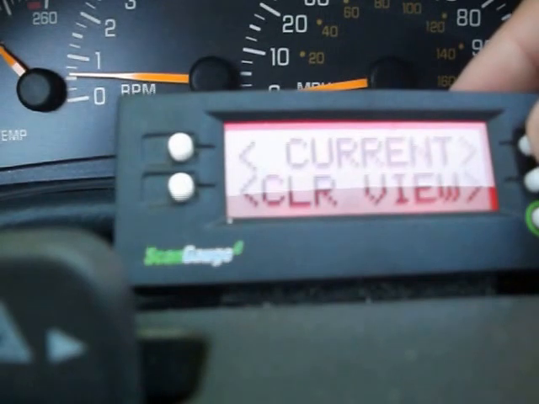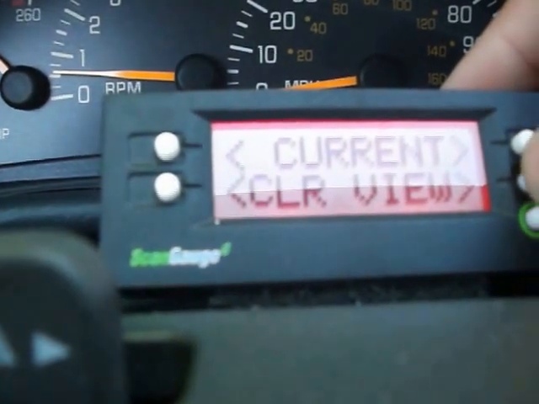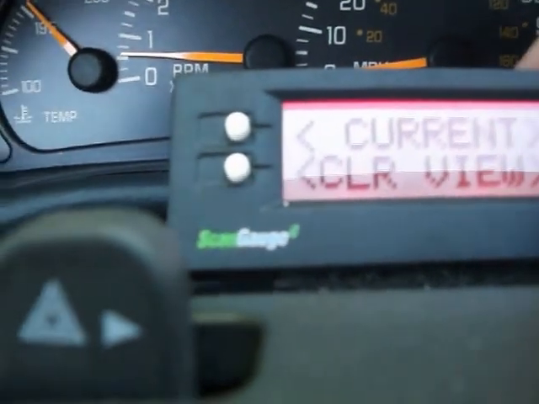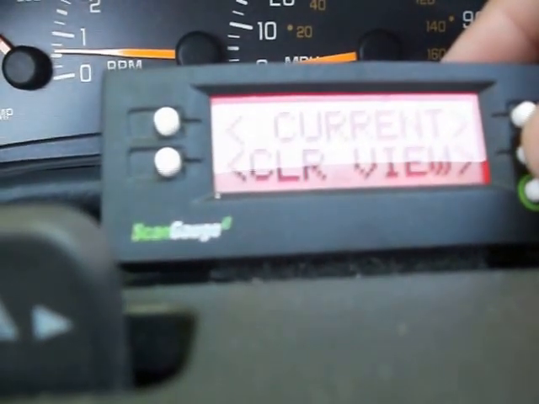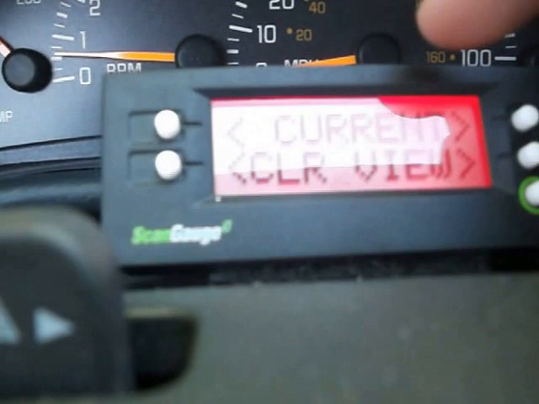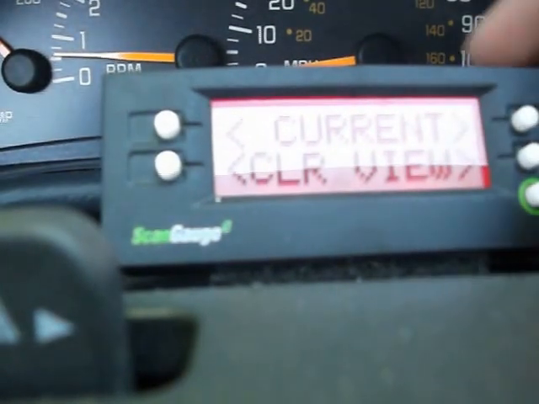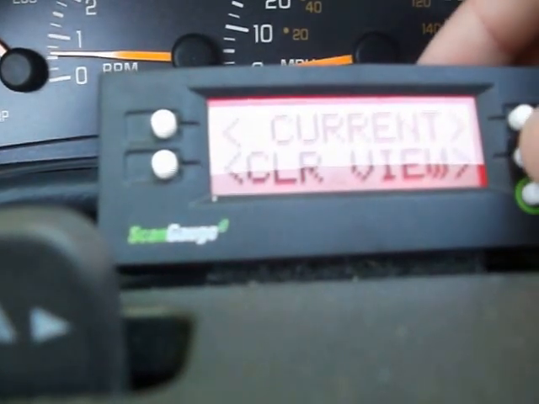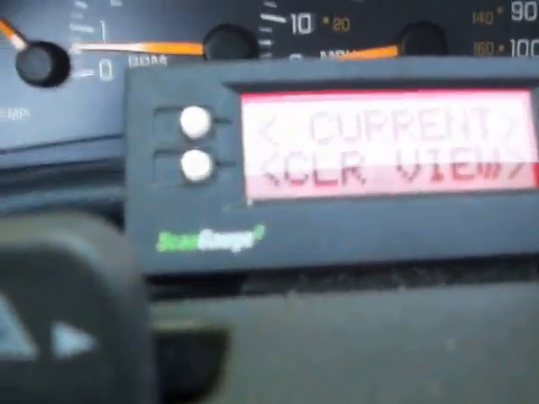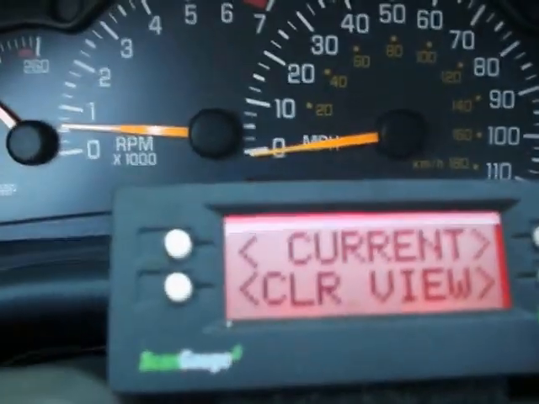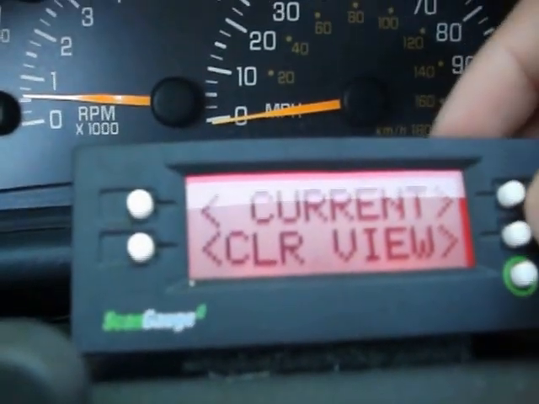Now the current, this is the section also that will erase. This is on a clock, so after 24 hours is up, it'll reset, or you can clear before that time is up. Okay.